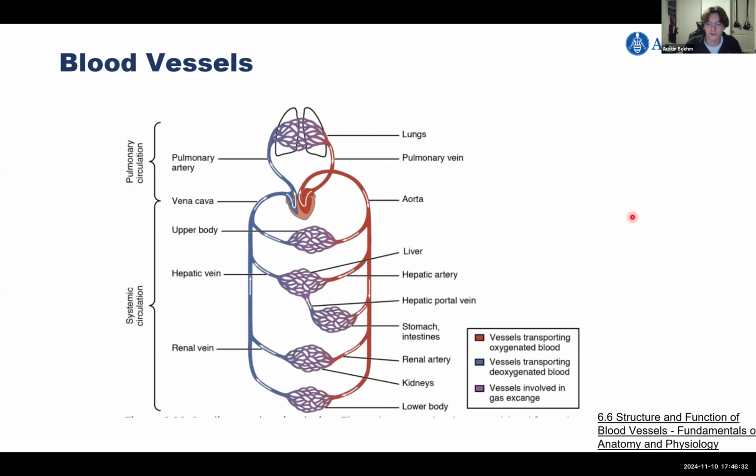So now that we've touched on the heart and the different layers, we can get into the blood vessels, starting from the aorta, going all the way around into the vena cava.